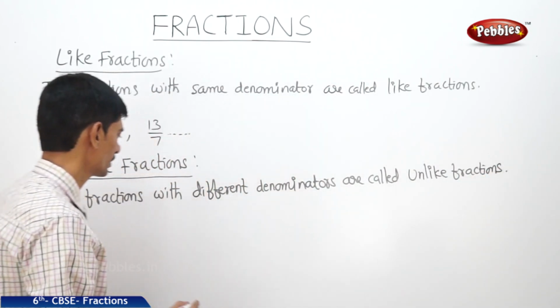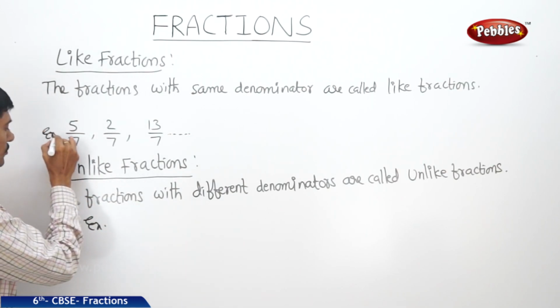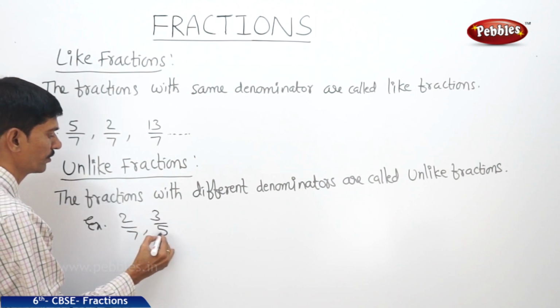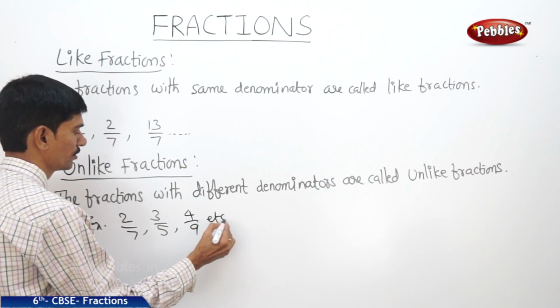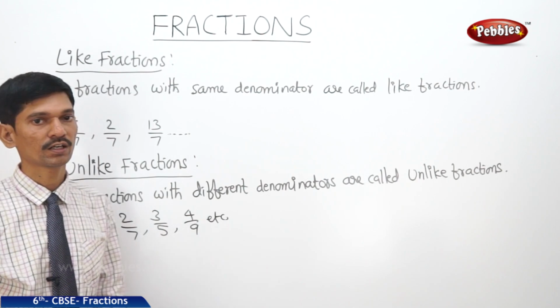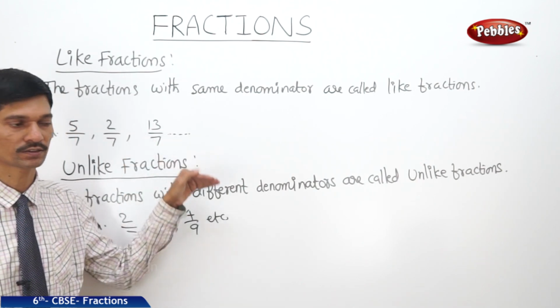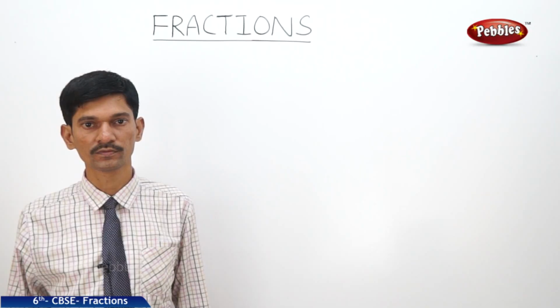Now for example, 2 by 7, 3 by 5, 4 by 9, etc. So these are the fractions with different denominators. So these are called unlike fractions. If the denominators are same, they are like fractions. If the denominators are not same, they are unlike fractions.